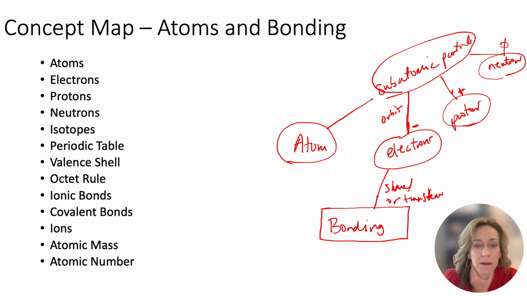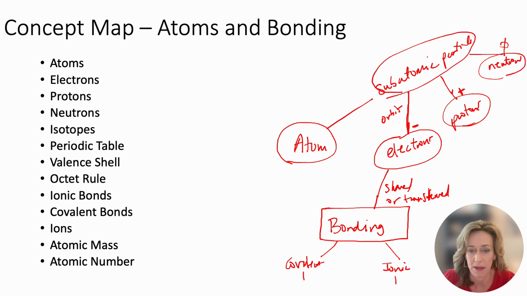That's what makes a chemical bond. Bonding occurs, right, between electrons. Then I'm going to come off of bonding, and I'm going to have a line for covalent, and I'm going to have a line for ionic, and I'm going to describe what those are. That's a concept map, right? Putting these things together. So pause it, come back, and then we'll finish out the chart together.